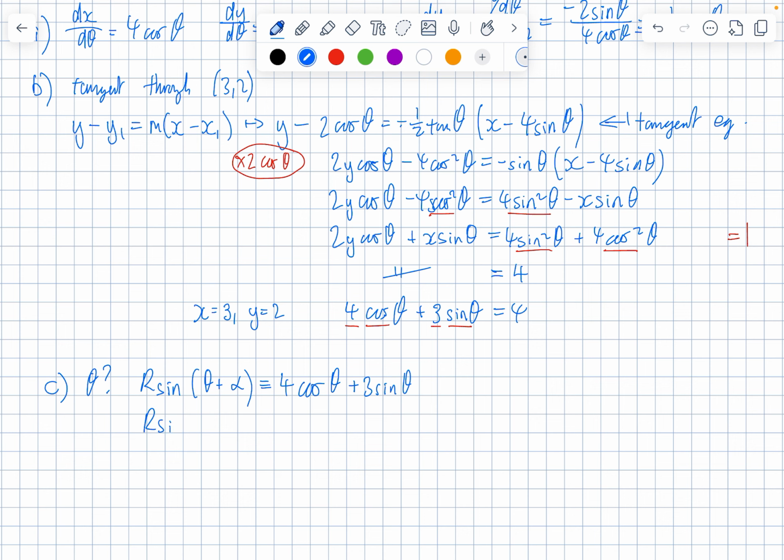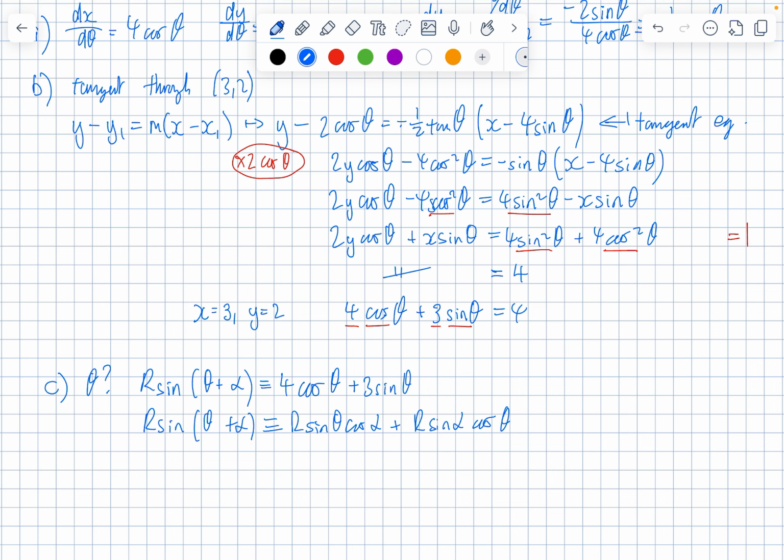The expansion for R sine theta plus alpha is R sine theta cos alpha plus R sine alpha cos theta.